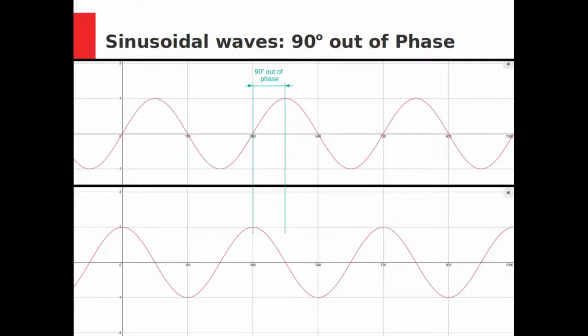Two sine waves that have the same amplitude and frequency can still be different if their peaks are not aligned. In this case, we say that the 2 waves are out of phase. For instance, if the 2 waves are identical, but one reaches its peak when the other wave reaches its zero, we say that the waves are 90 degrees out of phase, or that the phase angle is 90 degrees.